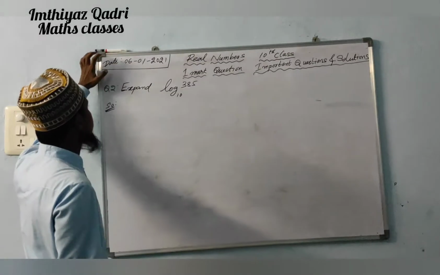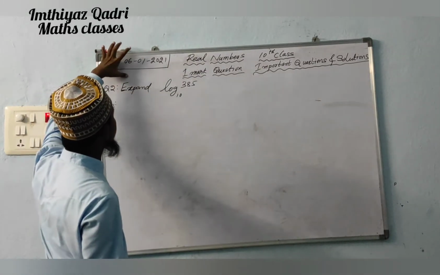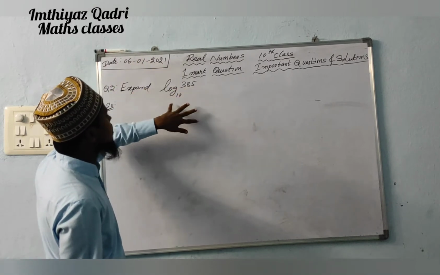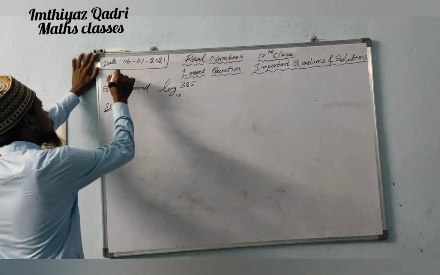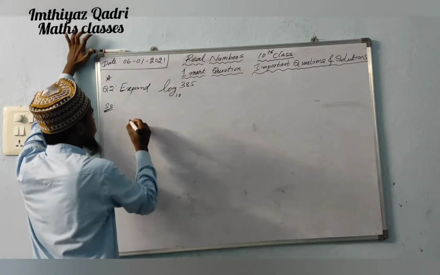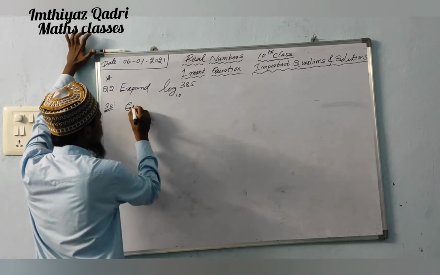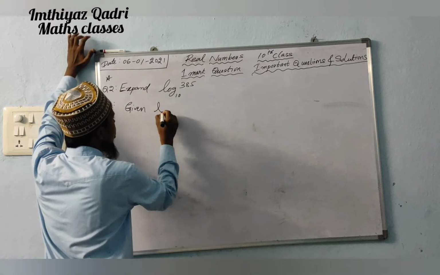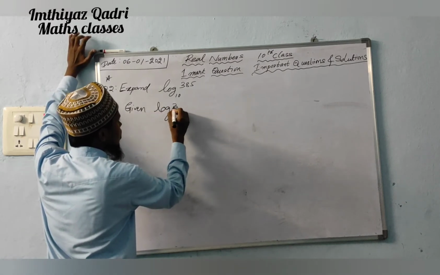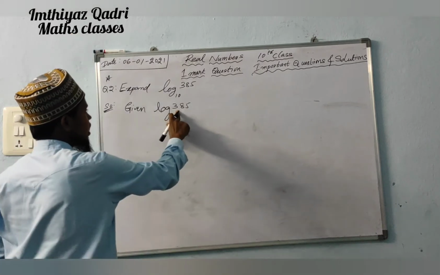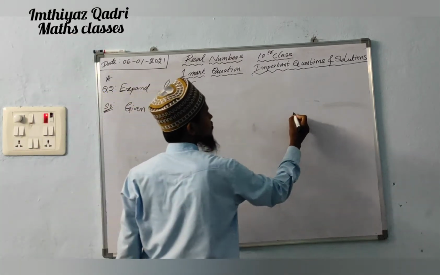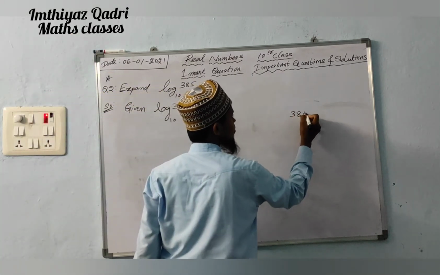Second question from real numbers: expand log of 385 base 10. This is the important question. See here, given log of 385 base 10. Here given 385, we are doing LCM 385.